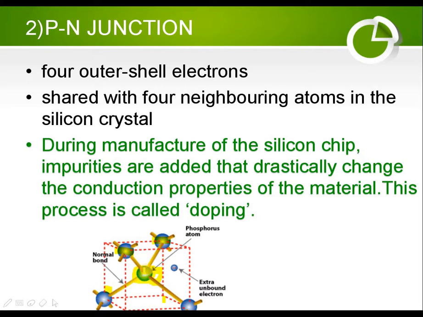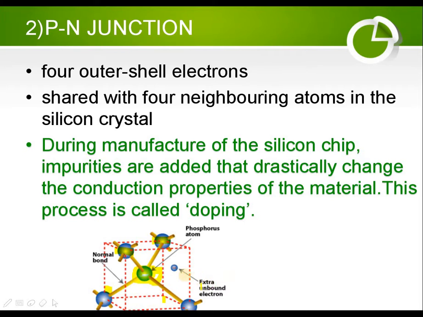In this diagram, the phosphorus atom is used. Phosphorus has atomic number 15, so it has 1 more electron than silicon. So one electron is used with this silicon, one with this, one with the third, and one is used with the fourth silicon, while one electron is left free.